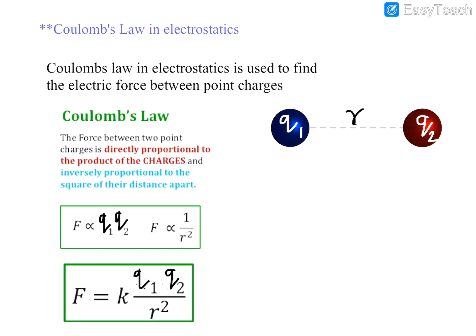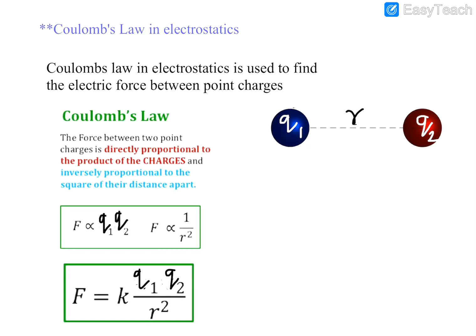You can see here, if the electrostatic force is represented as F, then according to Coulomb's law, the electrostatic force between the point charges is directly proportional to the product of the charges. There are 2 charges, Q1 and Q2. So it is directly proportional to Q1 and Q2, and they are saying product of charges.